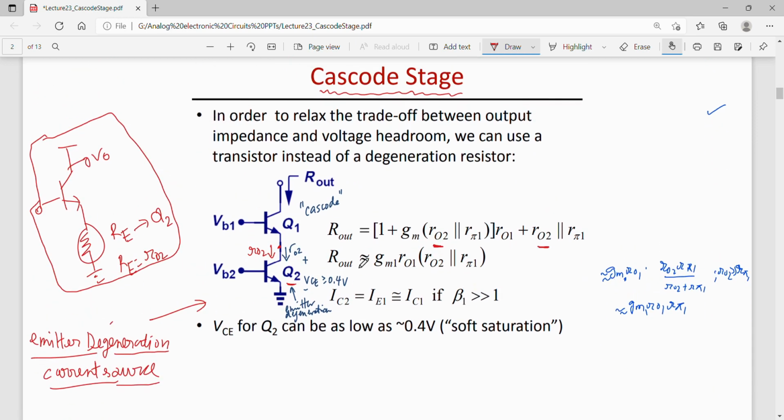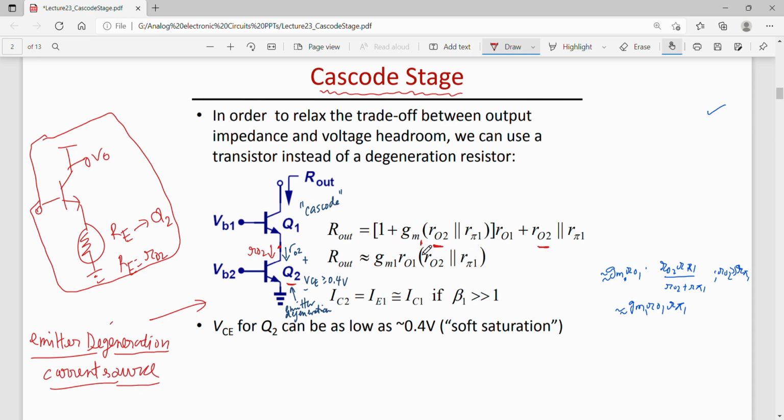Or one can further simplify this so that Rout is this much only. In fact, this should be gm1 here.